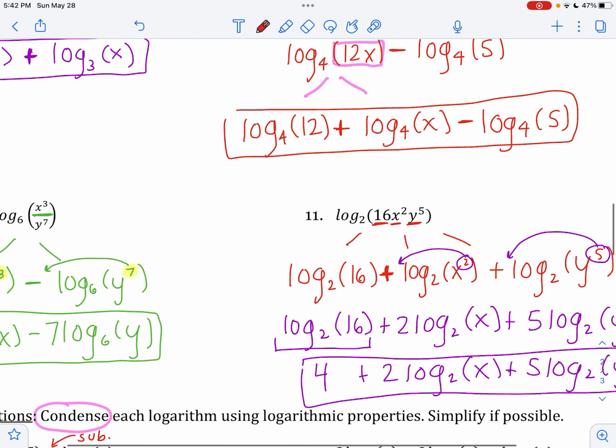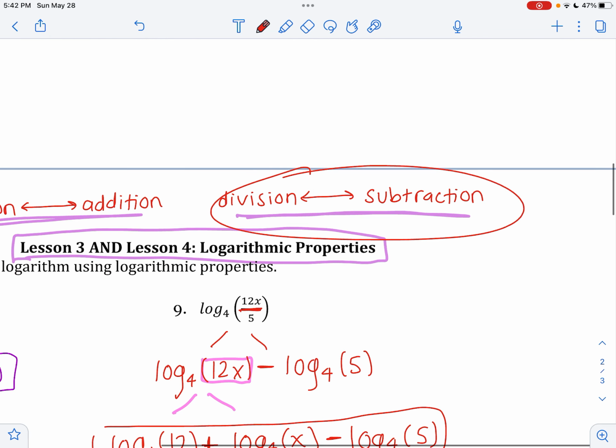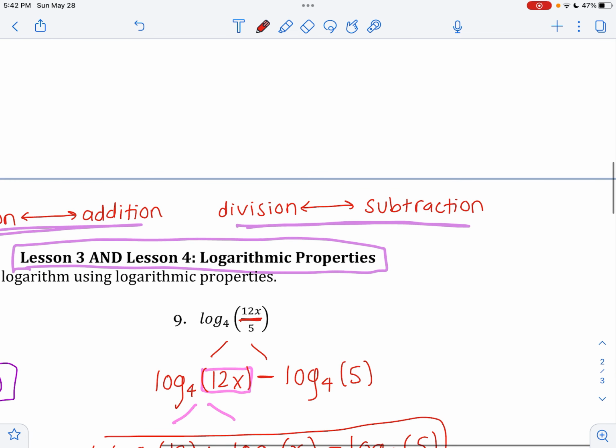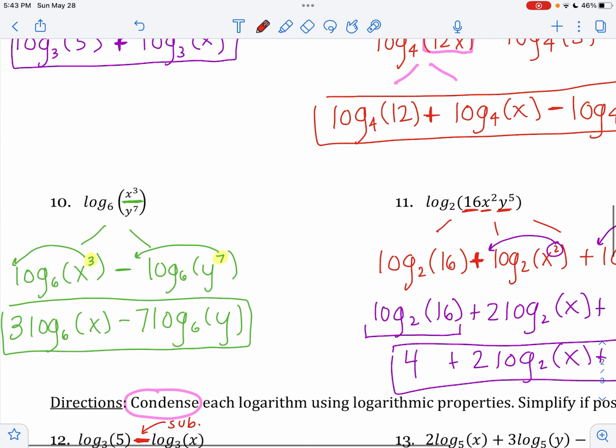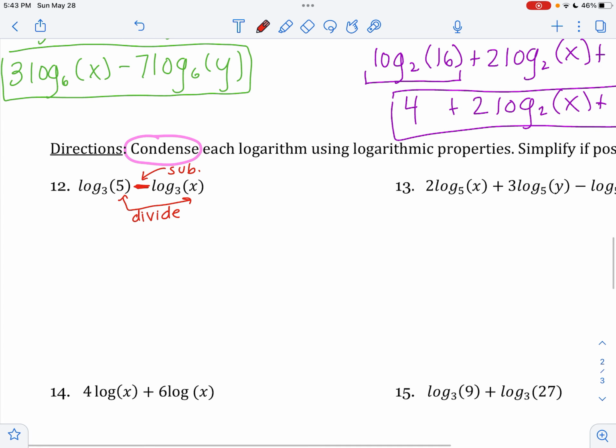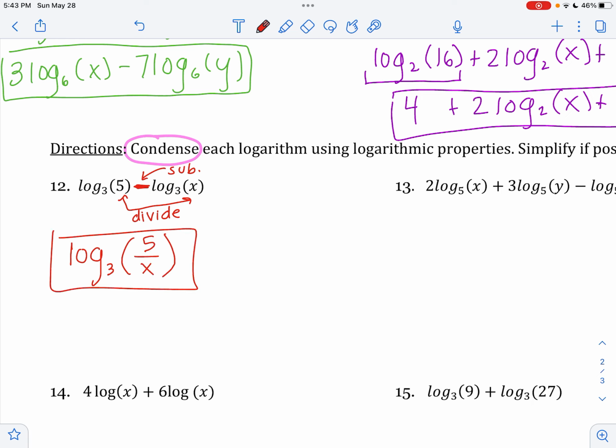Subtraction, division, right? Remember up here? When we expand, we go from division to subtraction. Now we're condensing, so we see subtraction, so we're going to divide to make it smaller. So I'm going to say log base 3, and subtraction means division, so 5 over x. And that's your final answer.